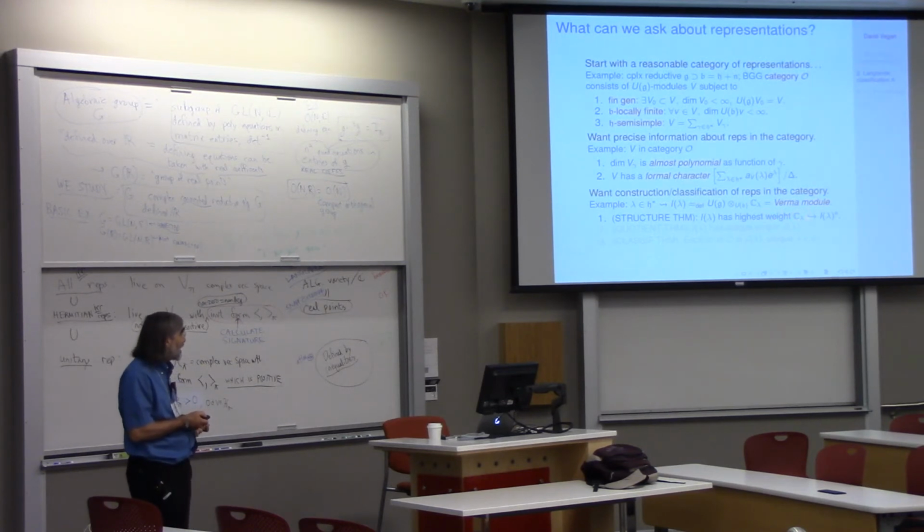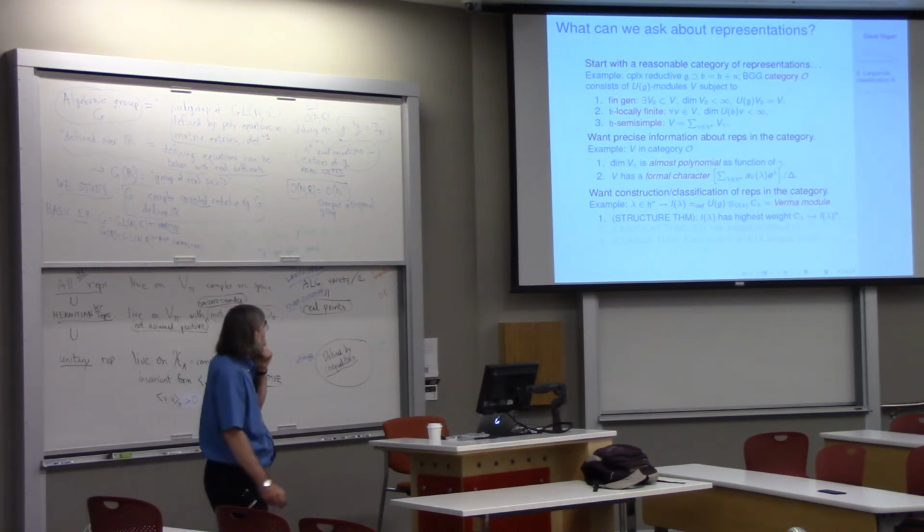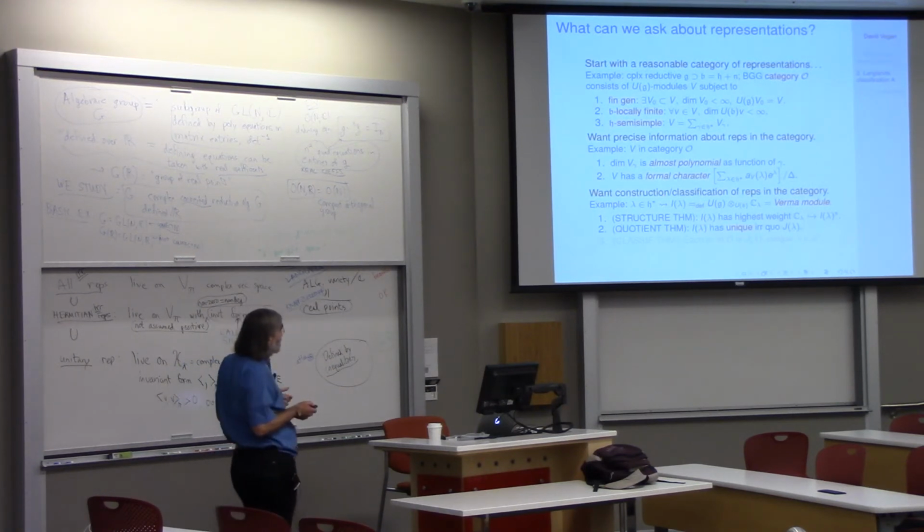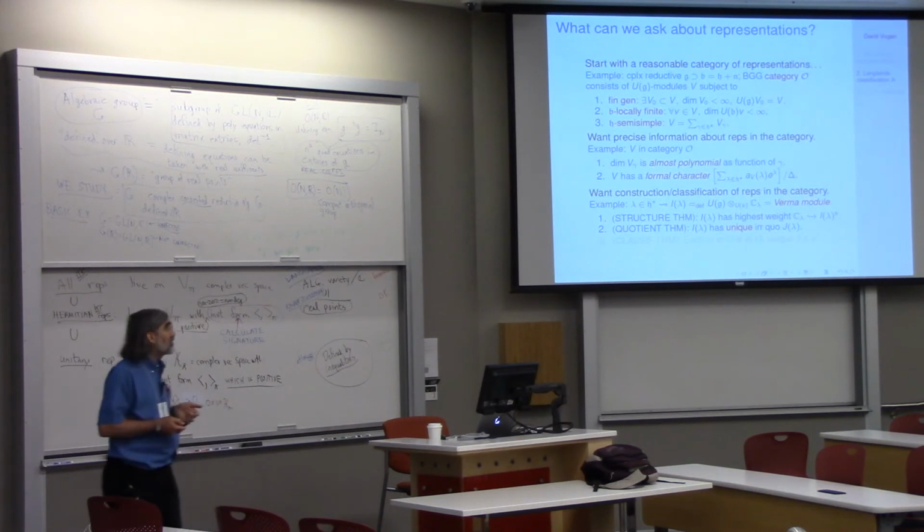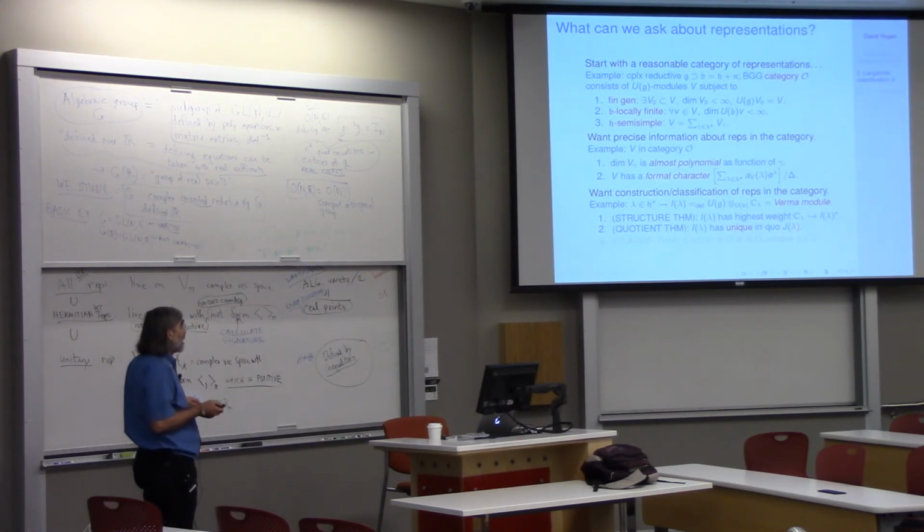It has the weight lambda in it, and that weight is fixed by this nilpotent subalgebra n. The second fact is that this Verma module has a unique irreducible quotient module, which I'll call J of lambda.